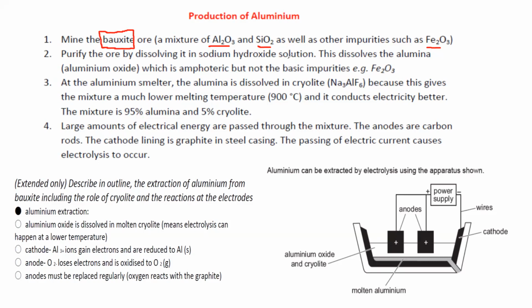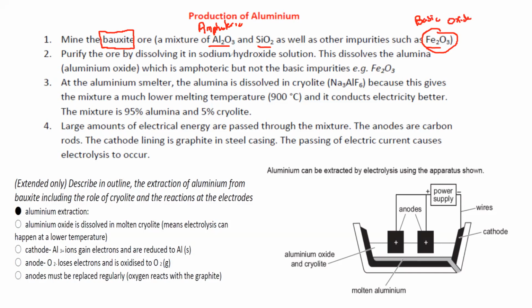Aluminium oxide is amphoteric, and silicon oxide or sand can be separated easily, but the problem is with iron oxide. What is iron 3 oxide? Iron 3 oxide is a basic oxide.